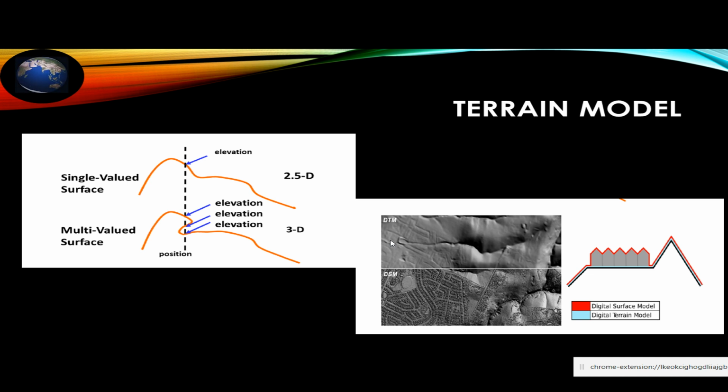If you see here, this blue color shows the digital terrain model, which only tells about the elevation over the earth surface. But if you see the red color feature, you'll be able to look into what surface features are also there. There is a land surface with a certain elevation above mean sea level all over the land.